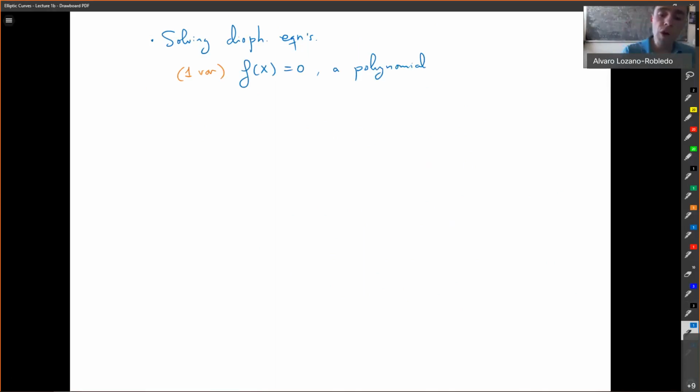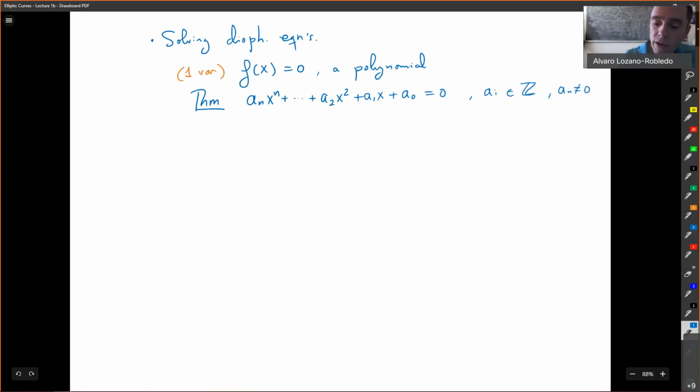And then you can show that if you have an equation such as a_n x to the n plus a_(n-1) x to the n minus 1, plus and so on, plus a2 x squared plus a1 x plus a0 equals 0, with the a_i's being integers, let's say a_n is not 0, and suppose that we have an integer, or rather a rational root s over t, then s divides a0 and t divides a_n.